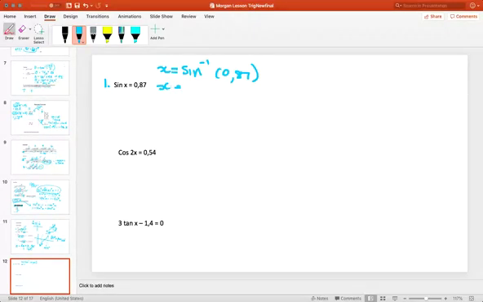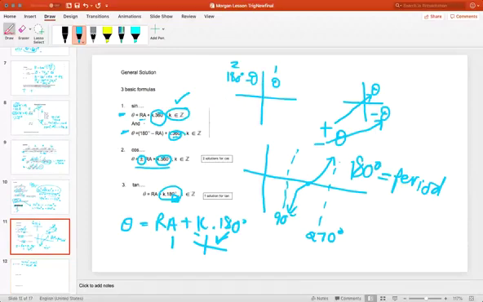Now you say equals, and we land up with 60.46 degrees. Now that is our reference angle. If we go back up a page, we will see that we've got to say the reference angle plus 360 and 180 minus the reference angle because we are busy with sine.